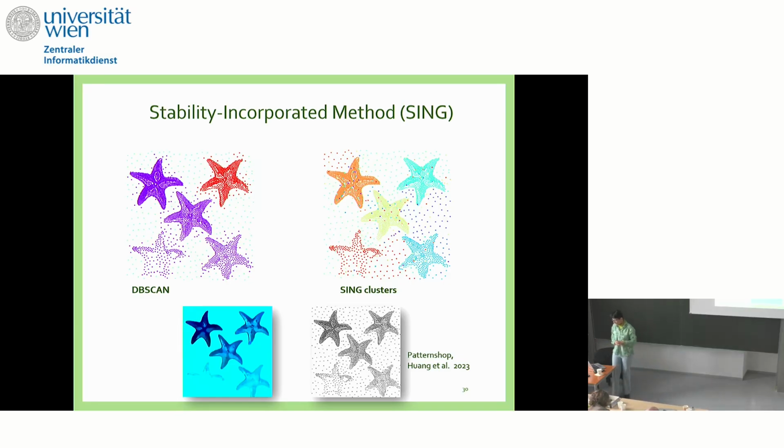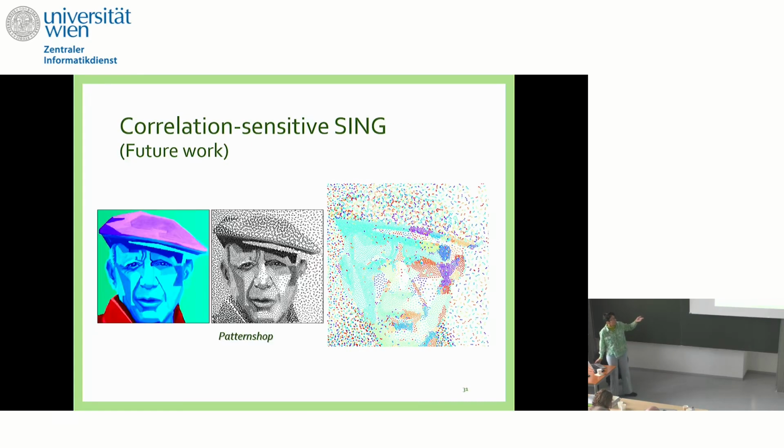Another direction that one can think of is to incorporate even more a priori information about the data. I talked about density right now, and you know that in these kinds of point patterns, we have another ingredient, which is the correlation between points, which is important. The correlations, we try to model them through colors, if you remember, for these kinds of examples.